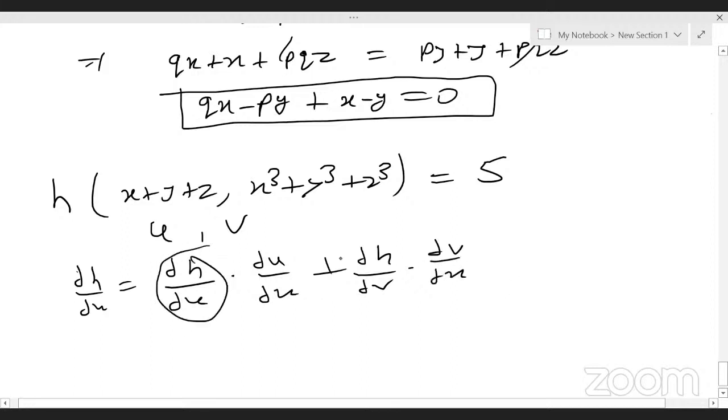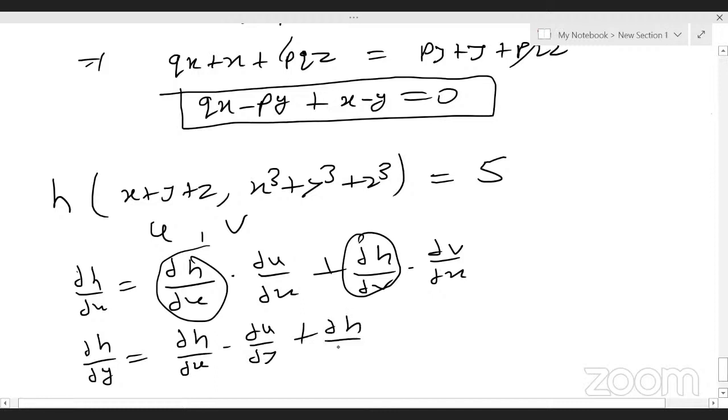Here also you will get this del h by del u, del h by del v, and when you differentiate with respect to y, here also you will get del h by del u into del u by del y plus del h by del v into del v by del y. Here also you get the same terms, and both are 0.